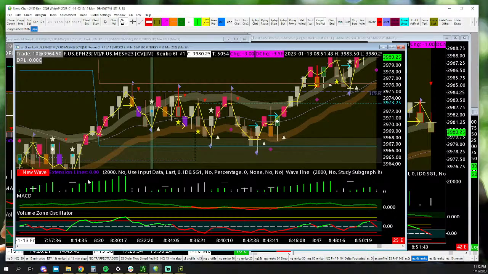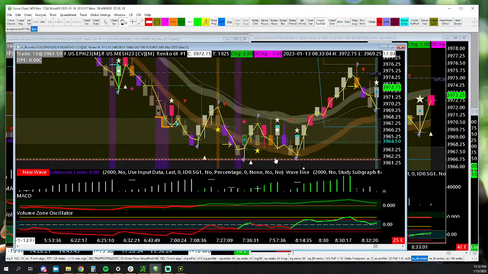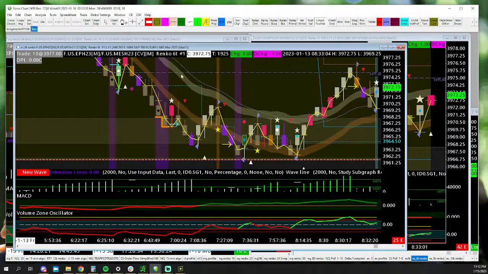But it should have been pretty clear earlier on, because look at that same concept here. Here's the gray dash that's related to this one. And then we had a lower low on price with very weak volume. Notice what happens right here.